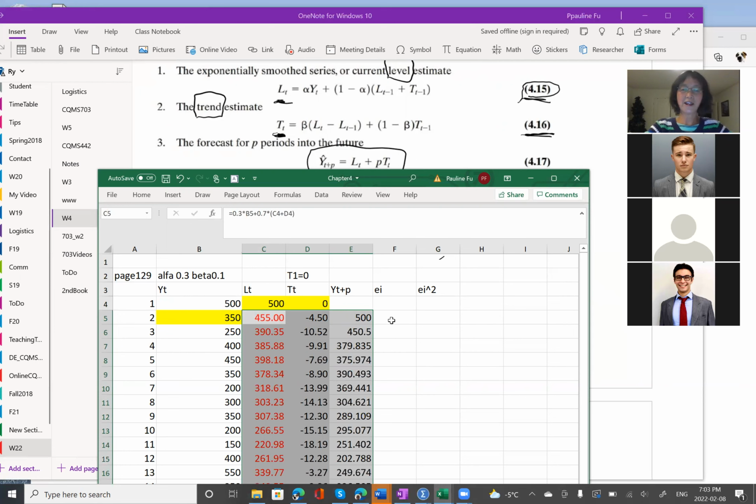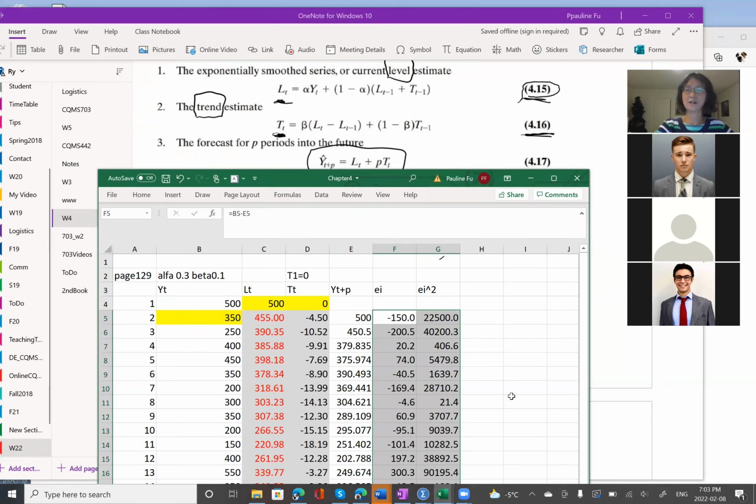Then to calculate the error, use original number Y minus predicted number Y hat. And to get EI squared, it is just this number squared. Then copy down these two numbers and you get all the numbers.